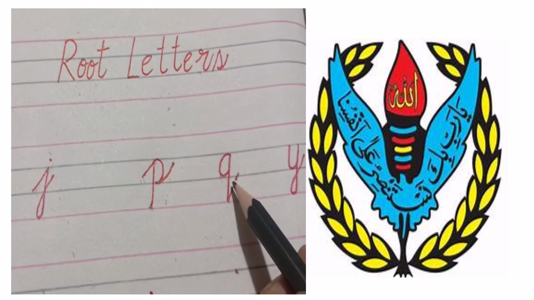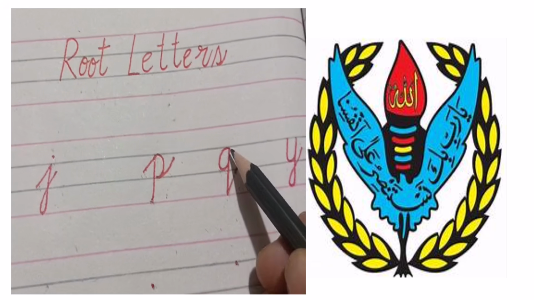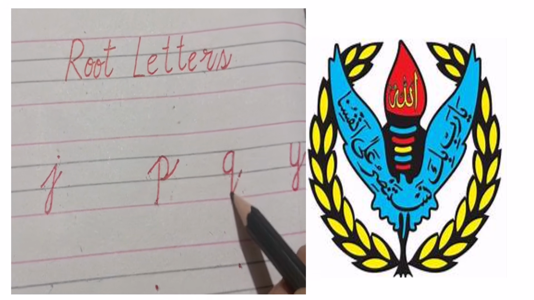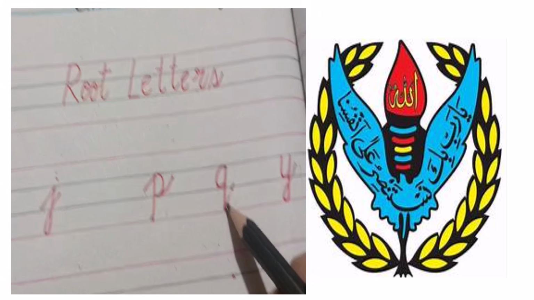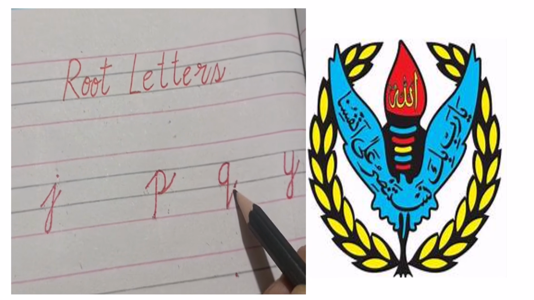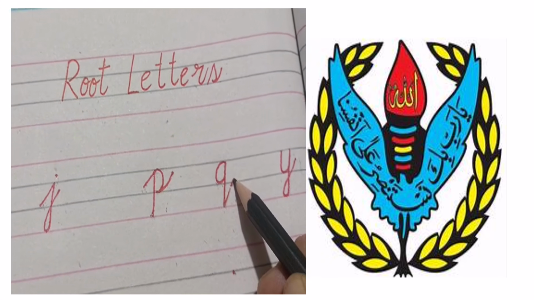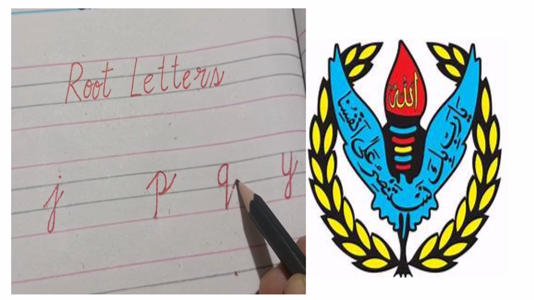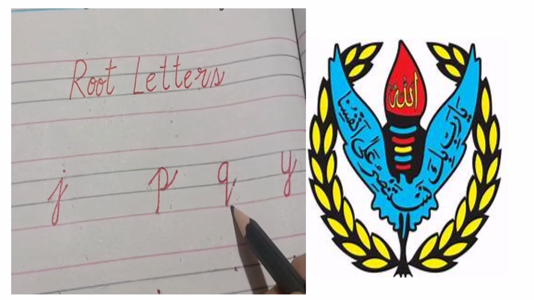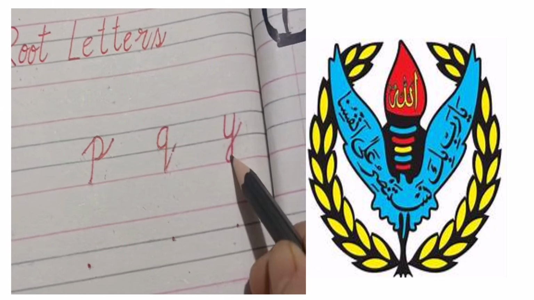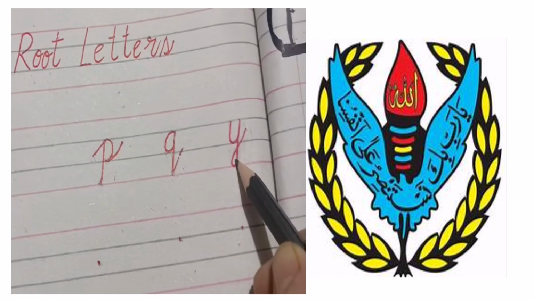Go down to the root line, like this. And come back up in the grass line. Make a line like this. This is Q.